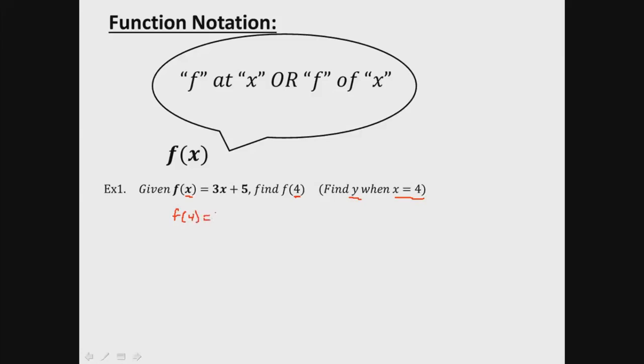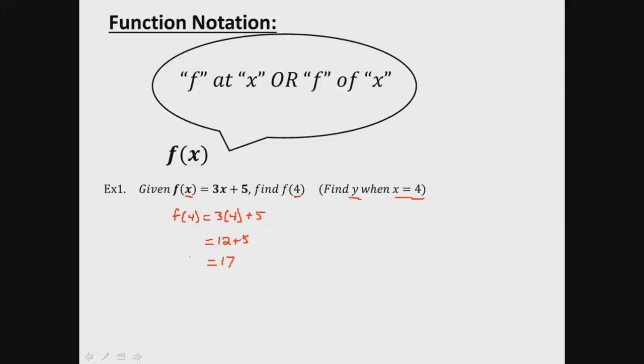is equal to 3, and we're going to sub in our 4 there for x, plus 5, and now we've just got to start solving this. So 3 times 4 gives us 12, plus 5 is still there, and 12 plus 5, we get 17.